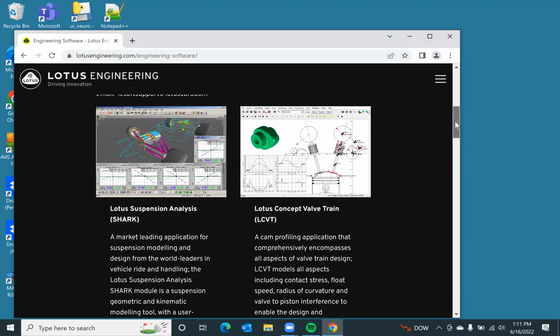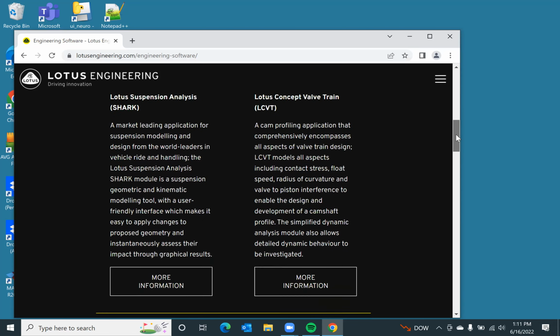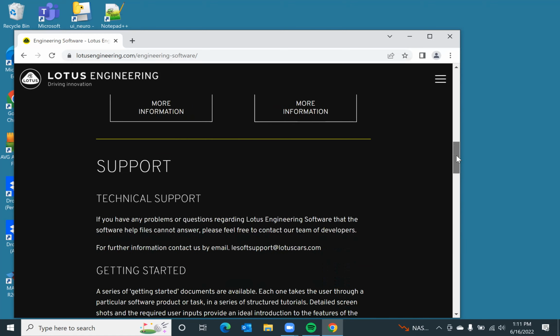If you want to go into design of suspensions, for example, if you're part of the SAE Mini Baja team at the Poly campus, where another team is at the Tempe campus, and you want to design the suspension parts, then you can use this suspension software. You can get these softwares free if you are a student, but you will have to send them an email, provide your information, and they will send it to you.